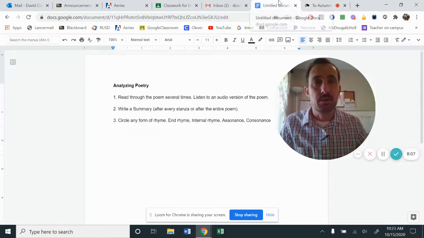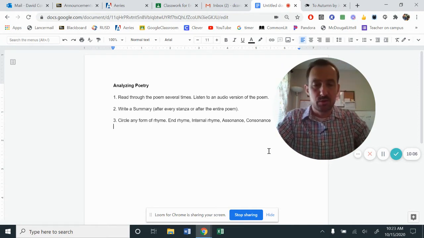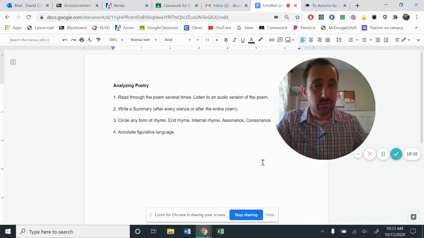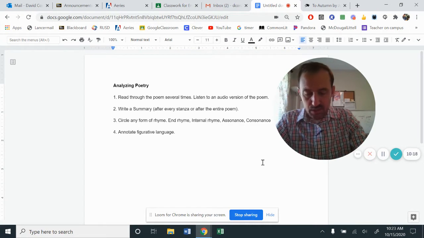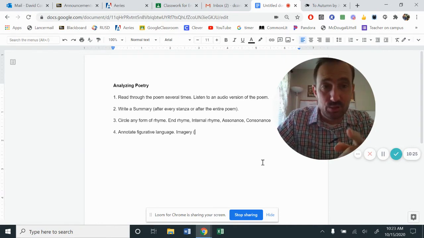All right. Now, after we circle and form a rhyme, whether it be internal, external, assonance, consonants, whichever, we are going to annotate the figurative language. Okay, annotate the figurative language. This can be imagery. Now, if you don't know what imagery is, it's not making an image.